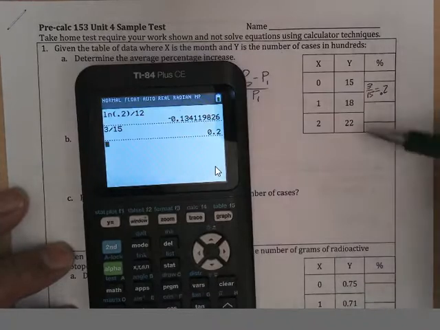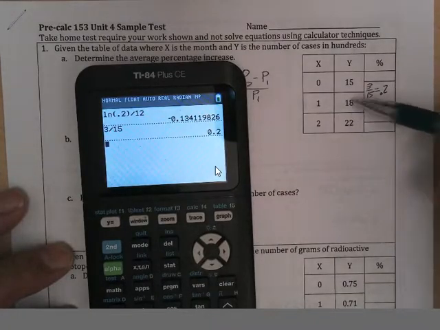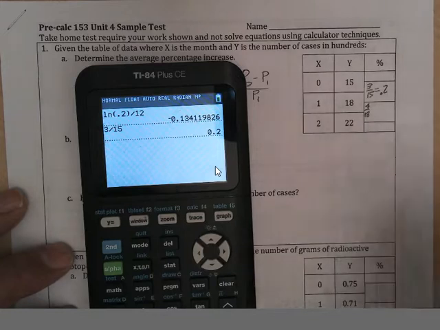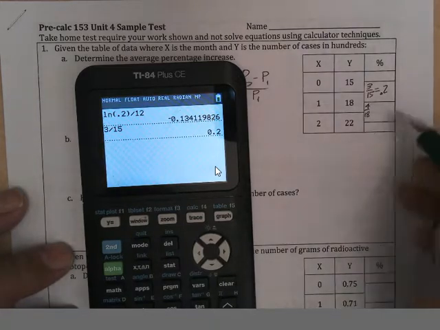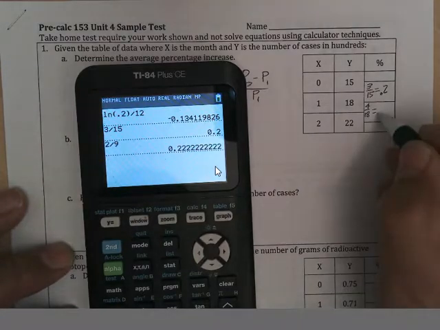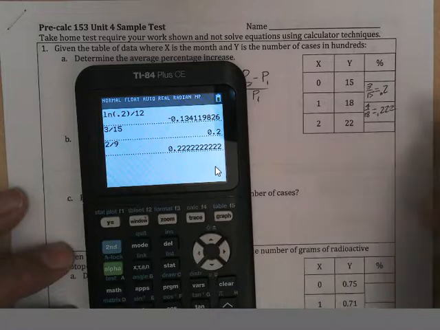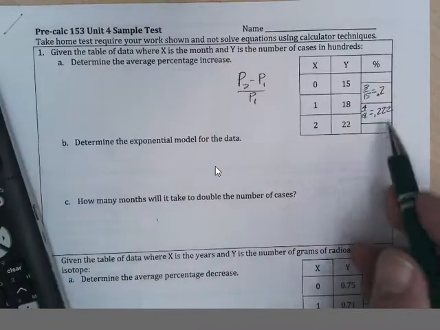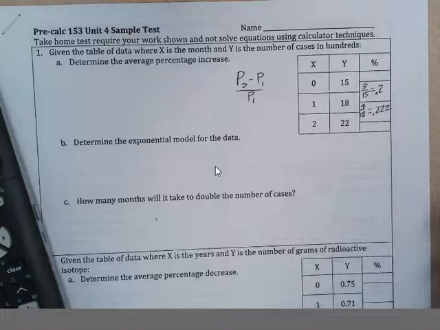And from 18 to 22, that's 4 divided by 18. 4 divided by 18, that's 2/9, which is 0.22222. And so if I want the average percentage increase, I'm going to add these up and divide by 2.